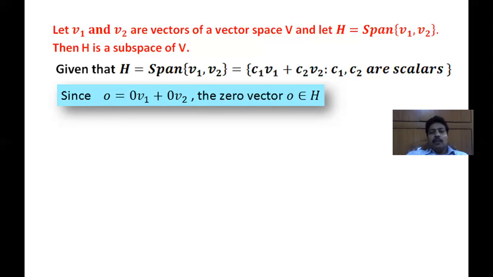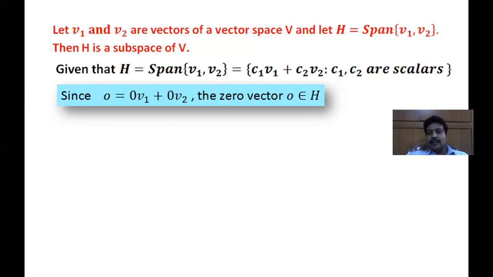So now we are going to discuss the three properties of the subspace definition. The zero vector O can be written as 0 V1 plus 0 V2. Already we have seen the properties of vector space in which 0U is equal to O. So 0 V1 is O and 0 V2 is also O. O is my zero vector.